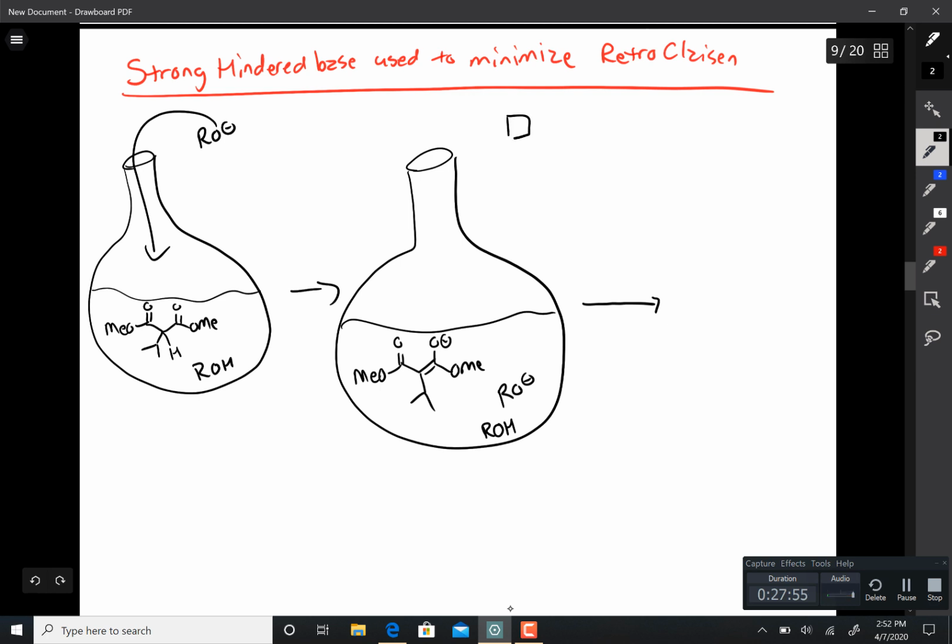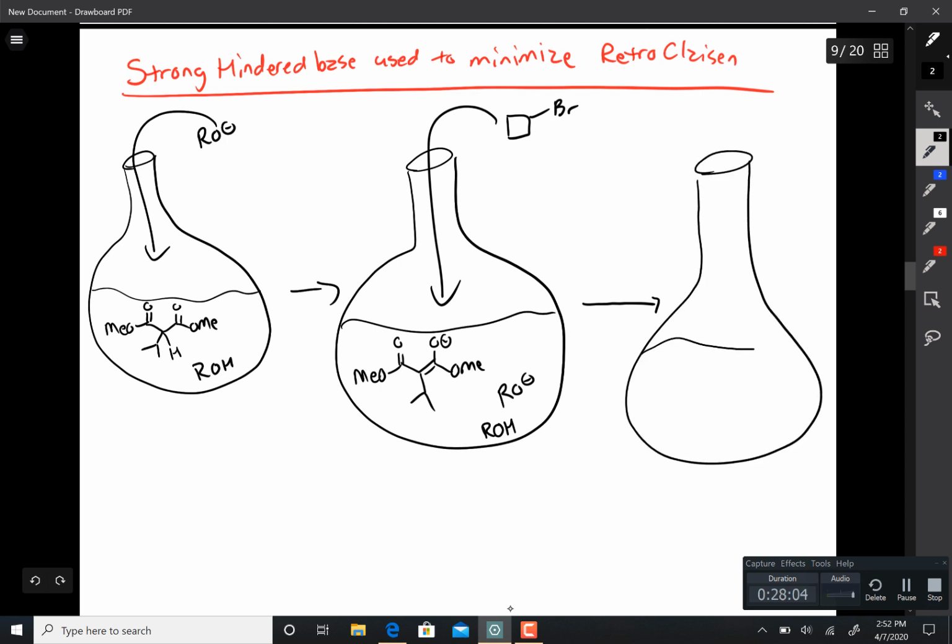Then you add in your SN2 electrophile, and it does the SN2 reaction, and you end up with a little bit of RO minus and alcohol left with your product.